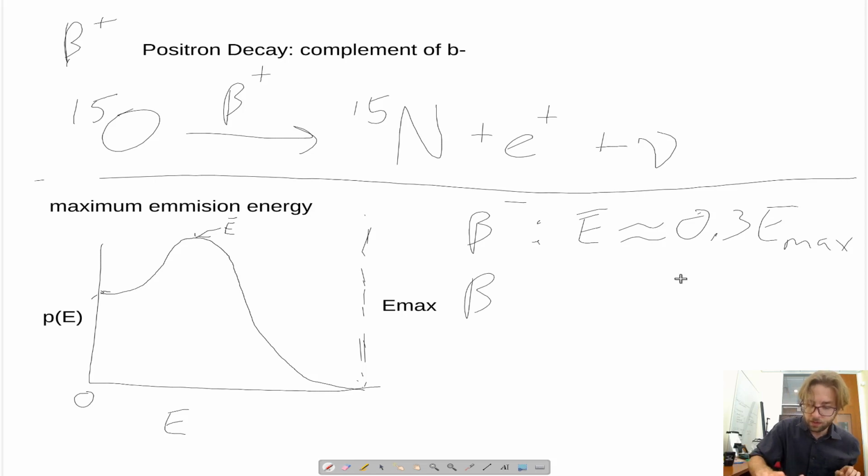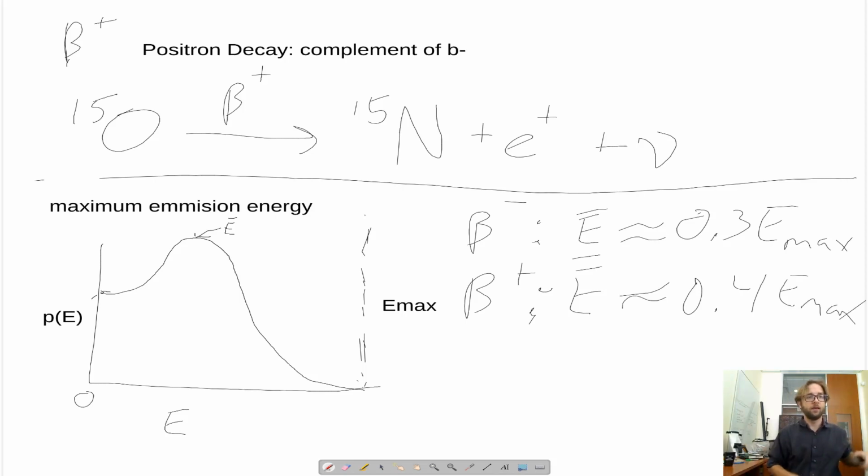And for beta plus, E bar is approximately equal to 0.4 E max. Okay. All right. So that covers the positron and negatron emission that happen directly.